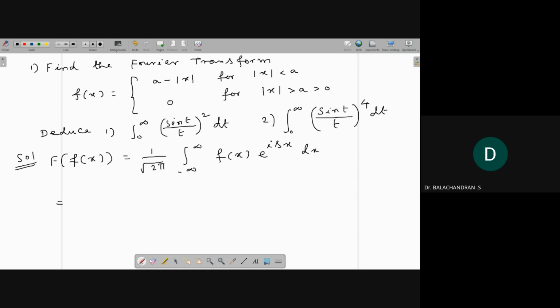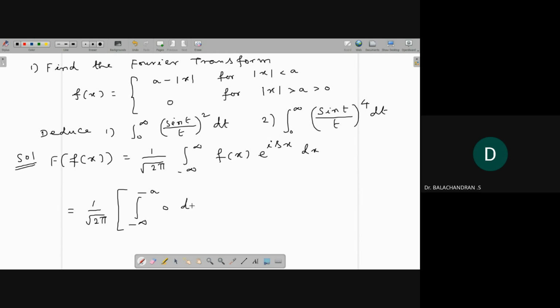And then you need to divide the whole interval into three integrals, as I told in the previous lectures. You should divide the whole interval into three parts, minus infinity to minus a. So in this interval, f of x is what? 0. So I'll put directly 0.